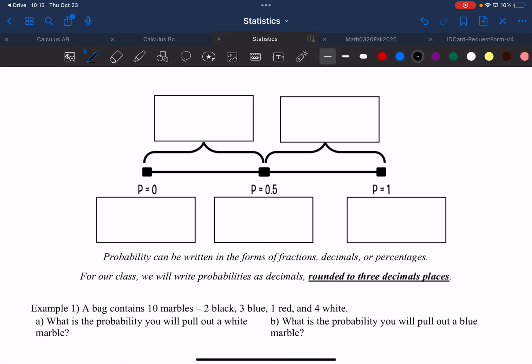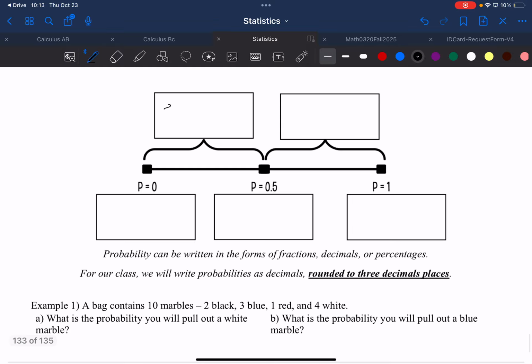Okay, so in this part here, we have probability P equals 0, probability P equals 0.5, and probability P is equal to 1. Remember, our probability can only equal what number? Up to 1. So if it is less than 0.5, we would say the event is less likely.